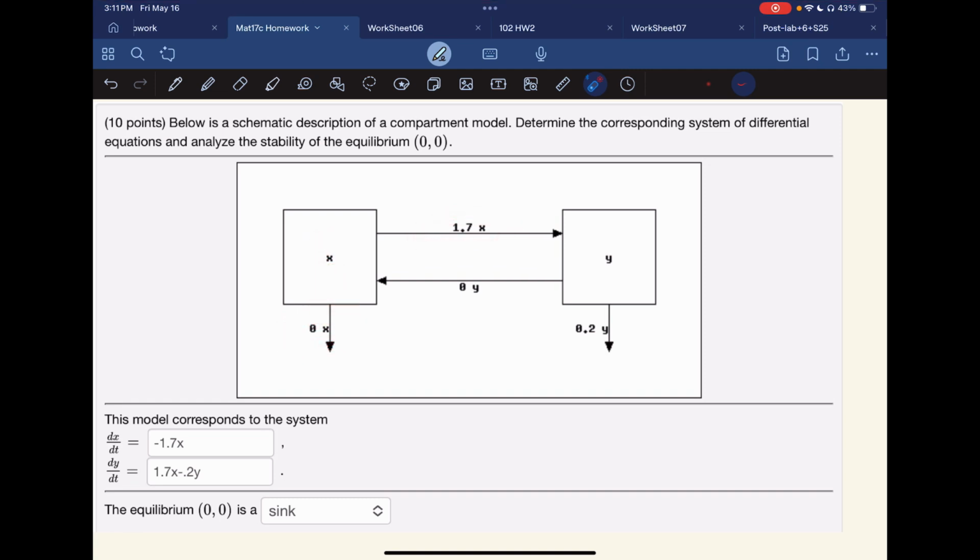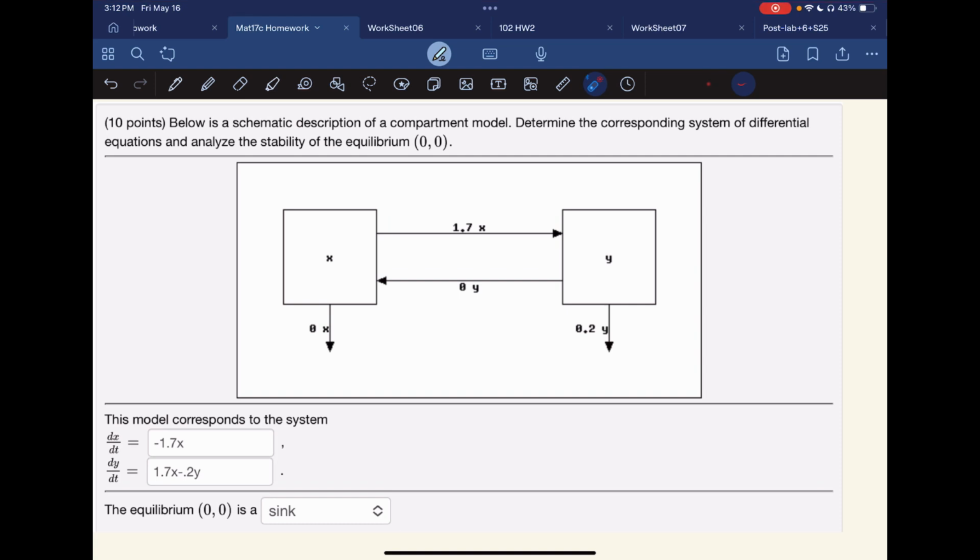So with dx/dt on the left, we have 1.7x leaving. So that's minus 1.7x. This has a value of 0, so we don't need to worry about it. And this also has a value of 0, so we don't need to worry about it. That's going to give you dx/dt equal to negative 1.7x. That's your first one.